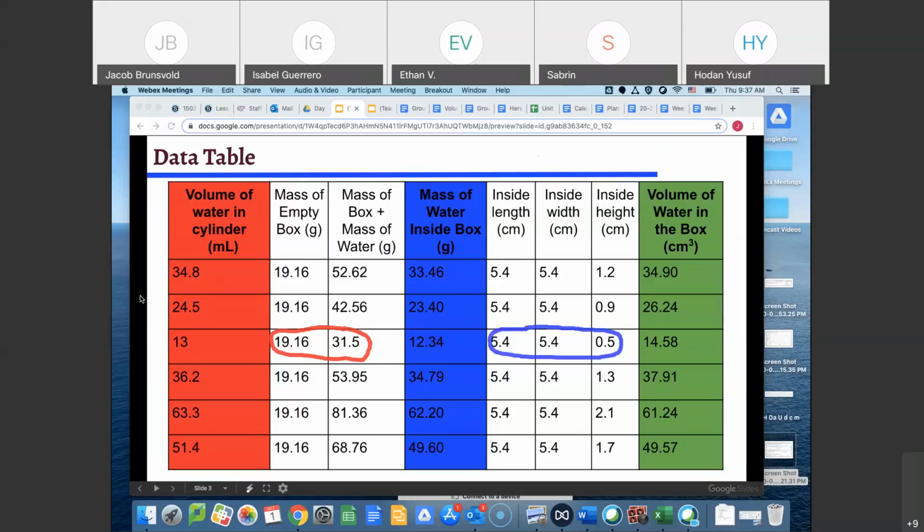So for this one, we're taking 5.4 times 5.4. Oh, and that's centimeters.